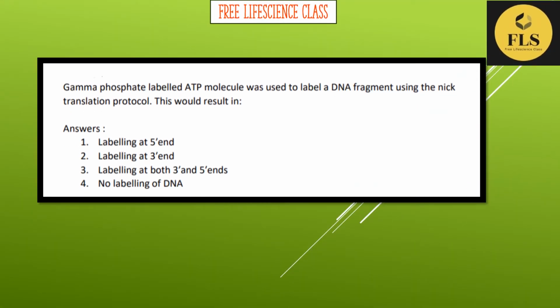So the first question is, gamma phosphate labeled ATP molecule was used to label a DNA fragment using the nick translation protocol. This would result in. So here gamma phosphate is labeled in an ATP molecule.